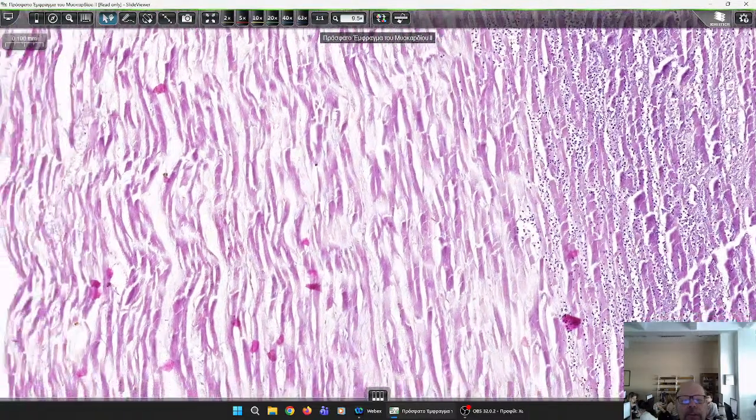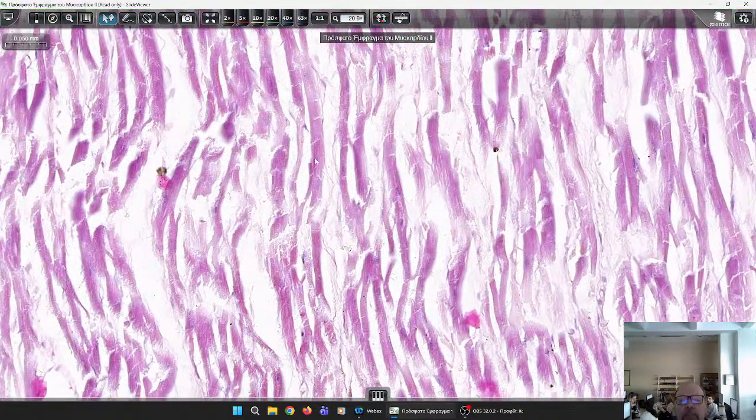So this is an area of hyperacute infarct, because we see these necrotic myocytes of the myocardium. However, you see how broken they are. You see how discontinuous they are. Why?